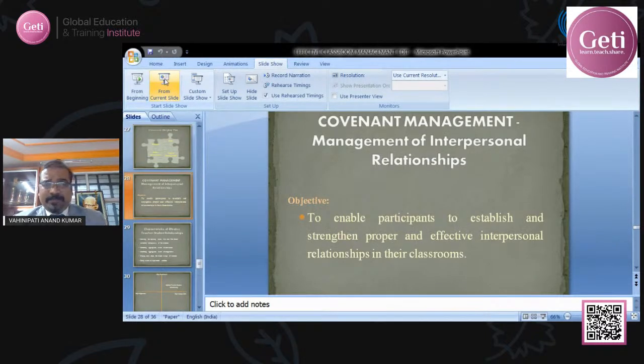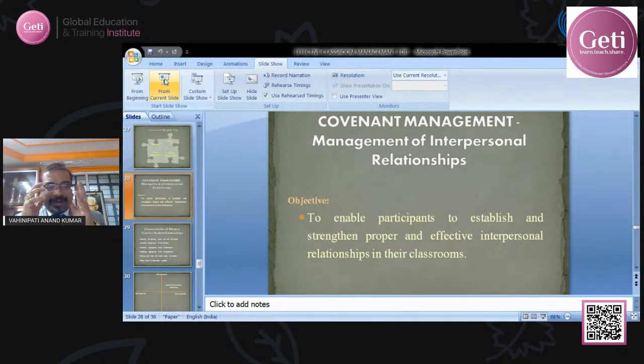Now, coming to the third part, the conduct management, and we are left with 3-4 minutes. And this is the third and the most important part. If you are engaging the students, if you are motivating them, you will connect to the students. C stands for connecting to the students.